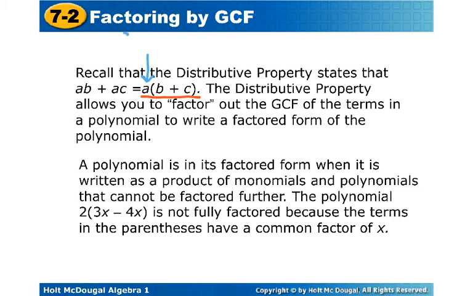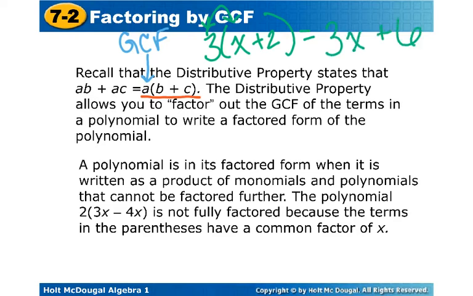A is the GCF. So when we do the distributive property, if I just give you the example of 3 times x plus 2, the 3 in this case is my GCF, because it was a term that I took out of both of these. If I distribute this in, you get 3x plus 6.